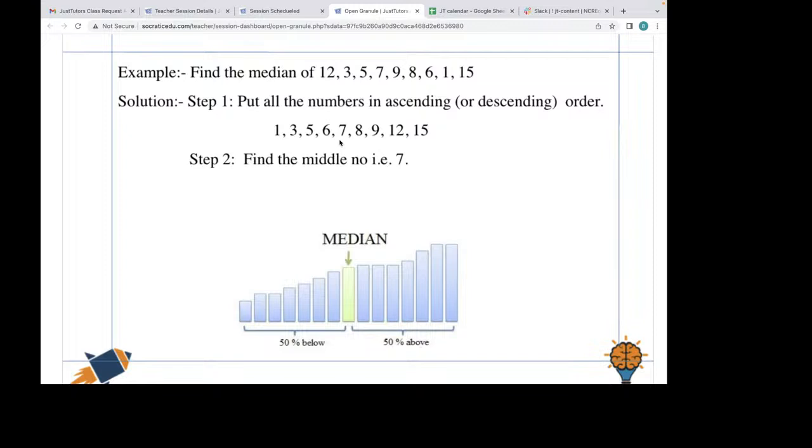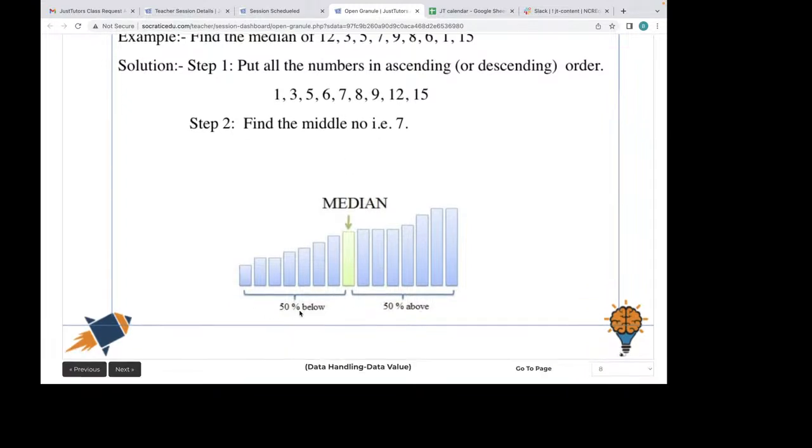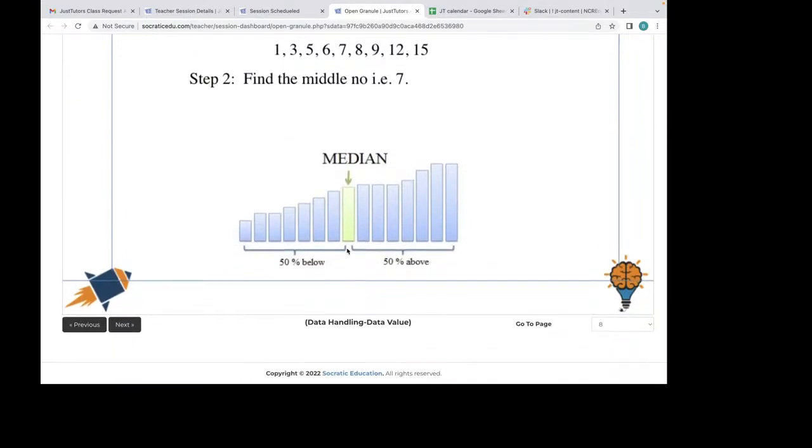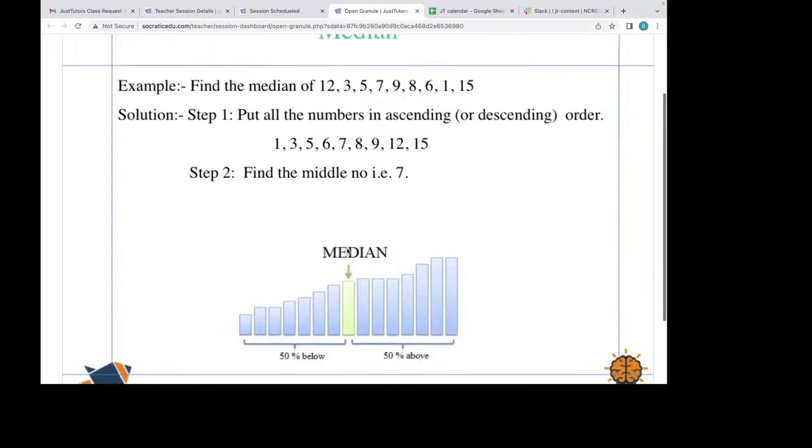Okay, 7 is the median of this data. Here you can see 50% below, 50% above. So there must be 50% below this median and 50% must be above this median. Okay, so this is again the central value. So I hope the median is clear. I hope it is clear how to find it.